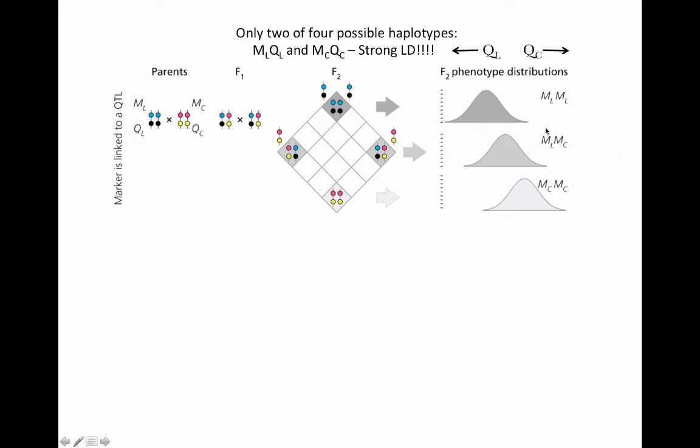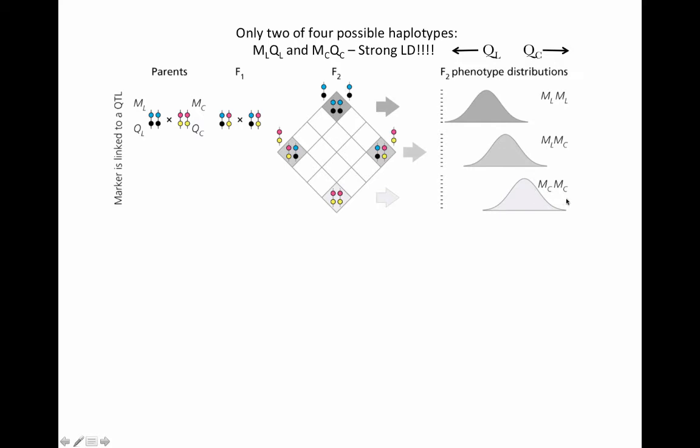Now let's look at the heterozygotes for the marker, represented by this medium gray. The heterozygotes at the marker are also all heterozygotes at the QTL locus. So that means that the phenotype is going to be intermediate between the Louisii and the cardinalis phenotype. It's going to be right in the middle.